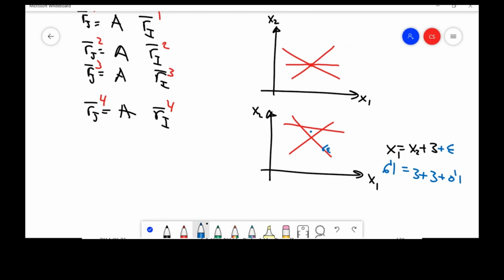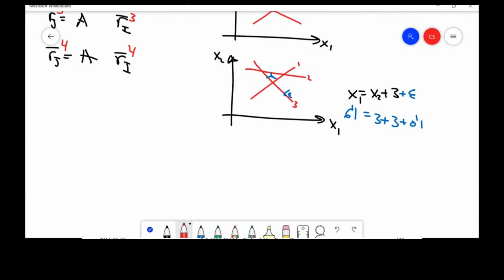So you cannot satisfy all the equations at the same time, but you will find one whose distance to each one of the equations is relatively small. Let's call this equation 1, this is equation 2, and this is equation 3. So what do you want? You want these errors to be as small as possible.